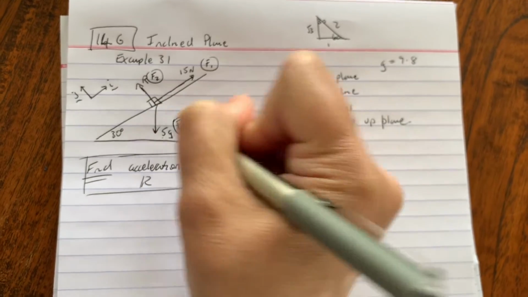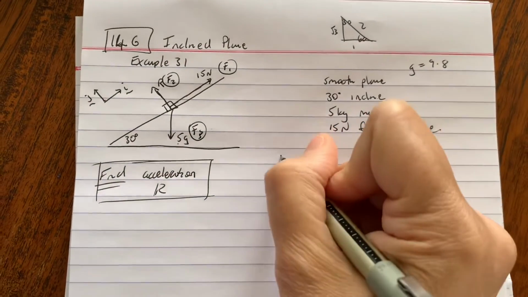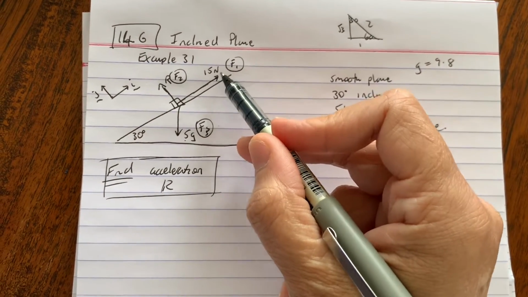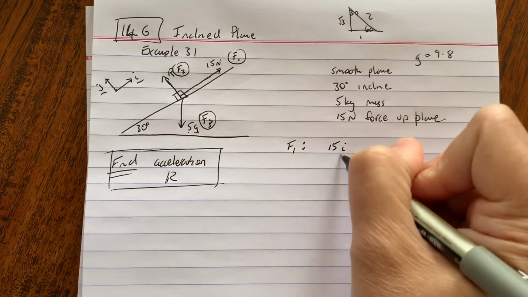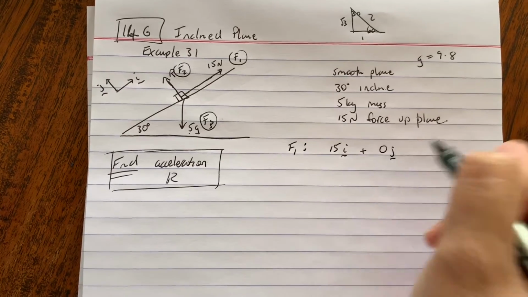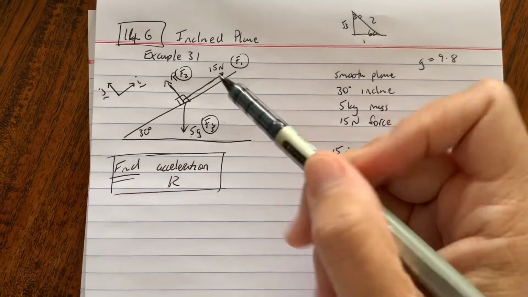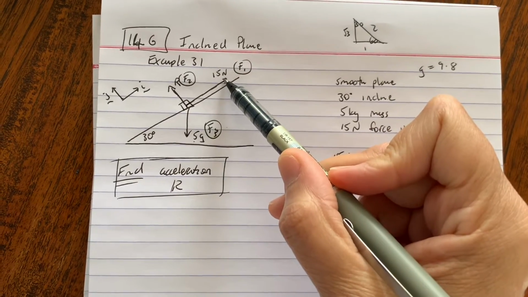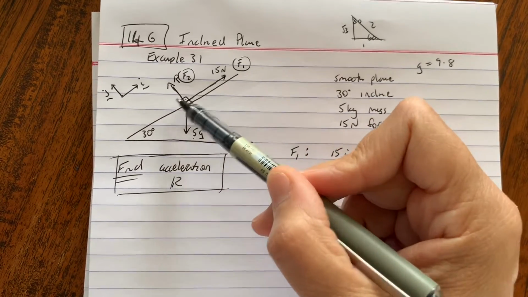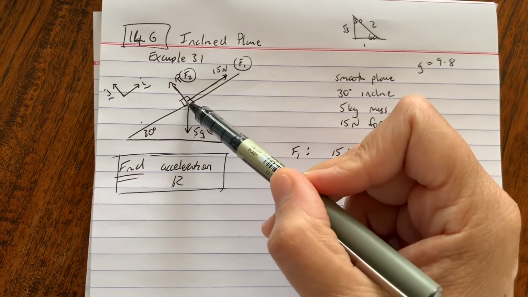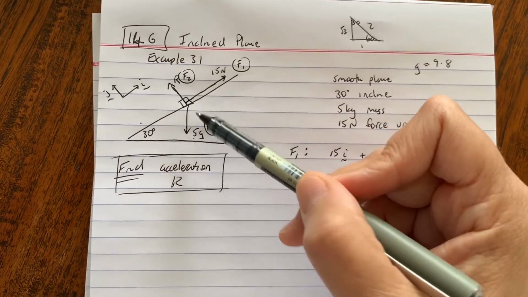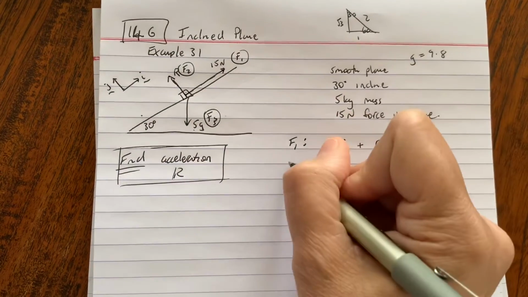Now I'm going to label them force 1, force 2, force 3. Force 1 is the 15 newtons up the plane. So it's 15I, 0J. I've designated that up the plane is positive, so down the plane will be negative, and then perpendicular from the plane in the R direction will be positive, and coming the opposite way will be negative.